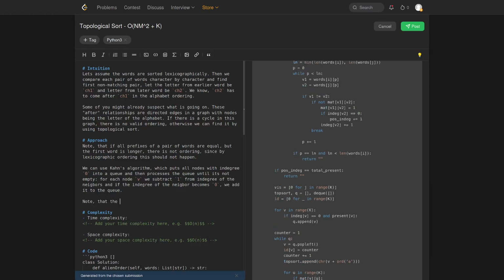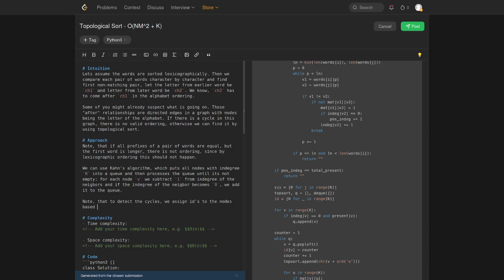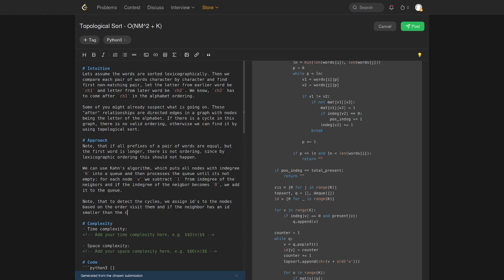Note that to detect cycles, we assign IDs to the nodes based on the order we visit them, and if the neighbor has an ID smaller than the current node, we know there is a cycle.